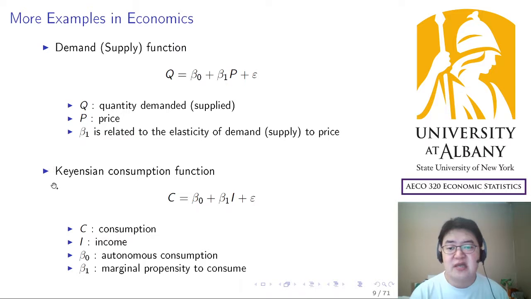And second example, the Keynesian consumption function. Household consumption C is a function of household income, right? If you earn more income, then you tend to spend more, consume more. In this case, beta zero is called autonomous consumption, which is the basic required consumption, such as rent.